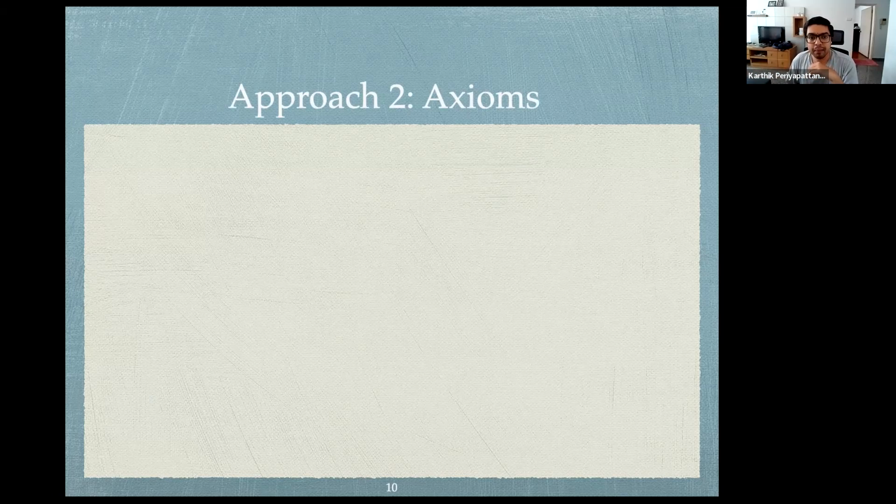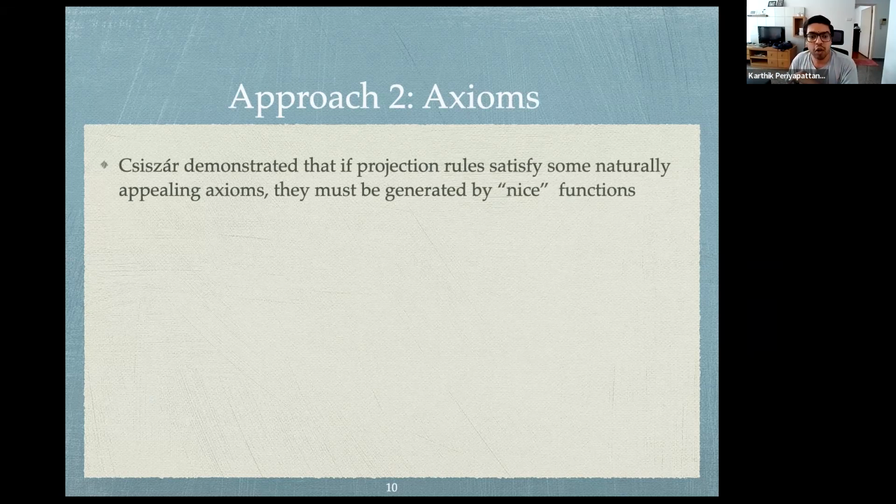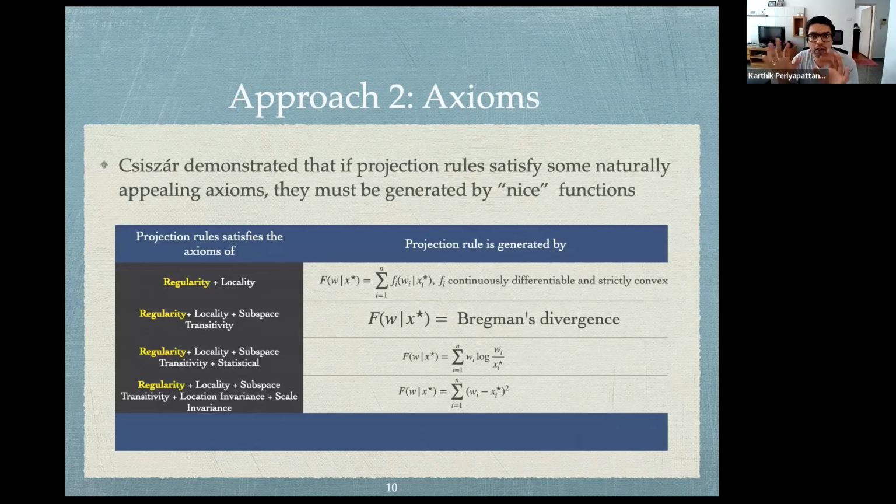So what he says is, we will attack the projection rule directly. Okay, we know that there is a projection rule, pi of L given x star. Given a L, given a x star, it tells me what is pi of L given x star. So it's a mapping from L comma x star to something inside L. Now, if this projection rule, that is just this mapping, satisfies some nice properties, then we can say that it is actually generated by a nice function.